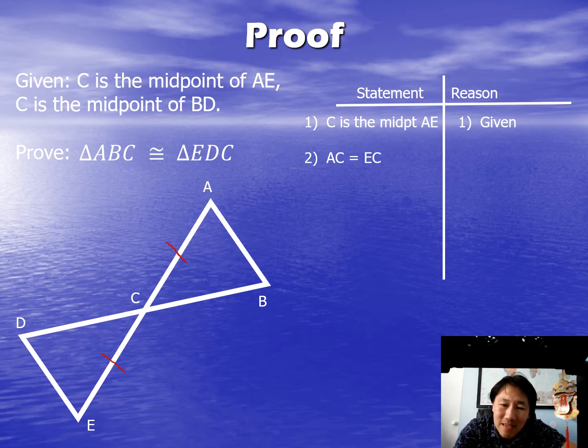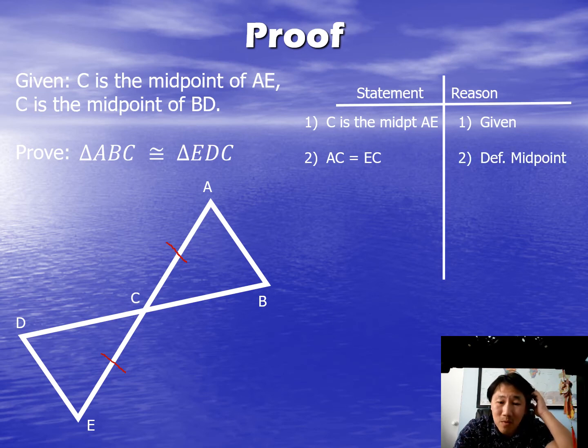It means this. AC, that piece, is equal to EC, the bottom piece. So midpoint means you cut it in half. So AC is equal to EC, definition of midpoint. So when something's a midpoint, you get two equal pieces.